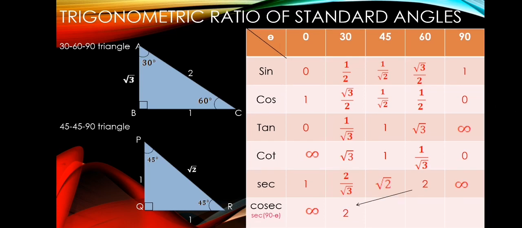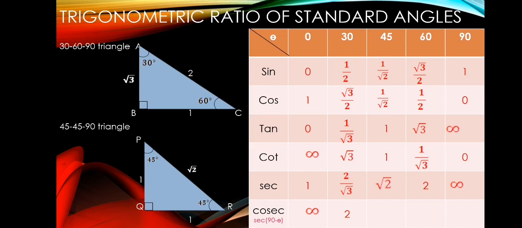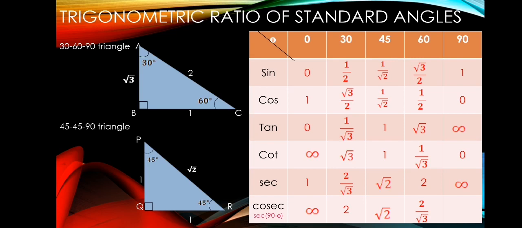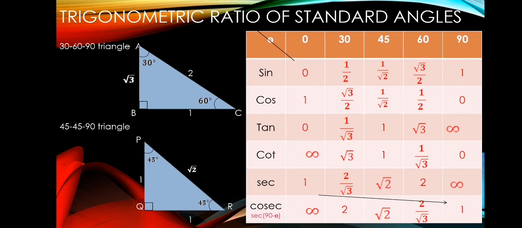Cosec 45 will be sec 45, which is equal to root 2. Cosec 60 will be equal to sec 30, which is equal to 2 upon root 3. And cosec 90 will be sec 0, which is equal to 1.